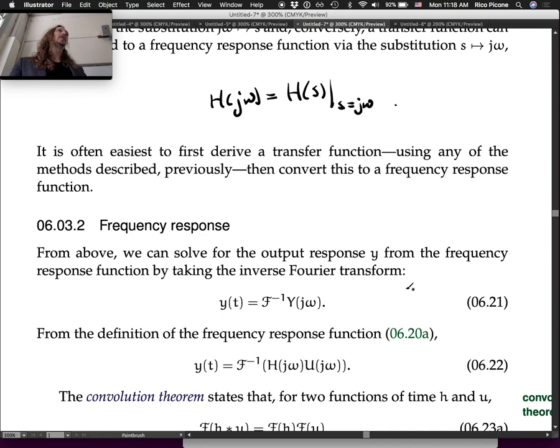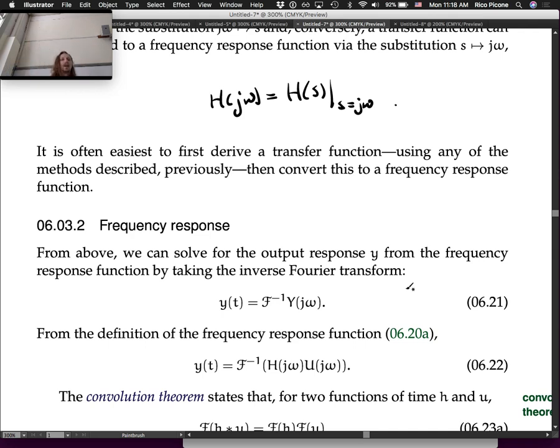It's just really, really powerful for us. So we have this week, and after spring break 2 more weeks, we're going to spend pretty much working on things to do with the frequency response function. So it's right where it's at for us.